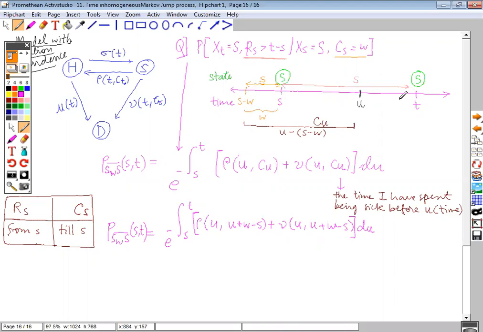Does this make sense? Because my S and my W are fixed, right? And this U is what is changing, and this keeps on increasing. And this U is some time here. This is not a duration, so let me just write that U is a particular time.